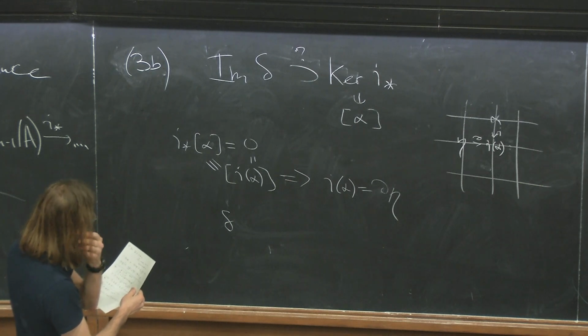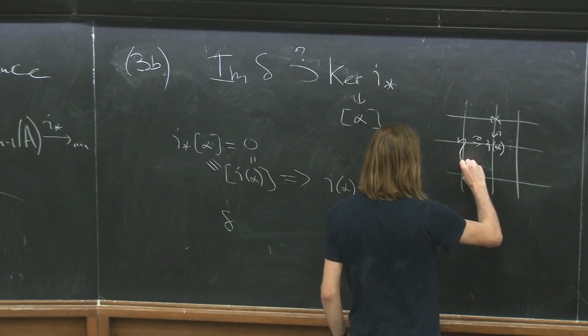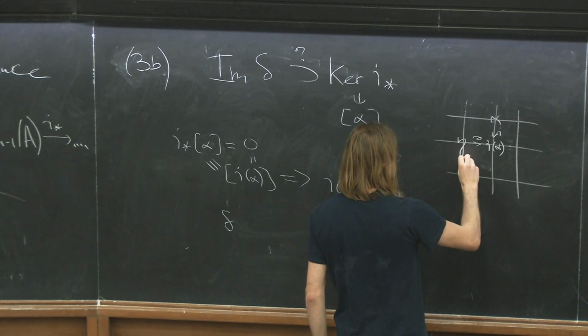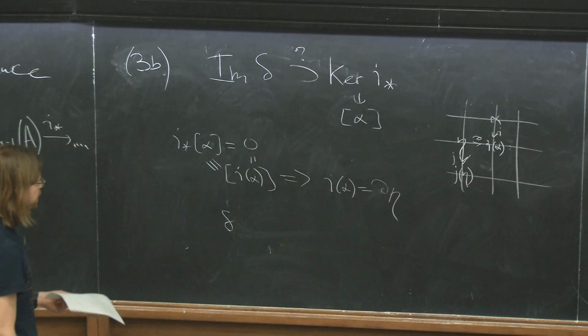Okay, good. And then we can move this eta. We can apply J, this map here, to obtain J of eta here.